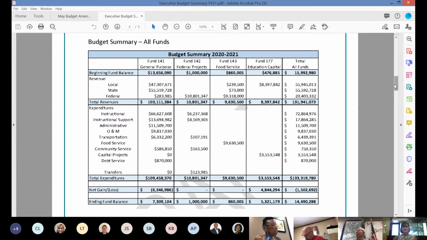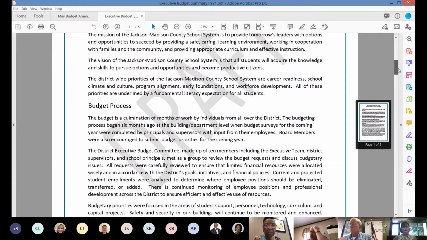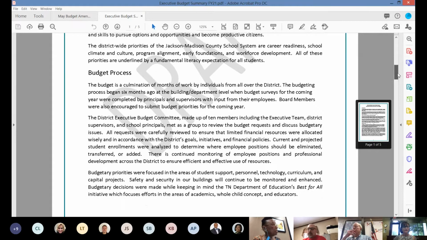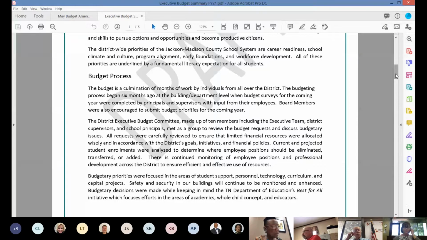I guess just to say a few words before we get started, we've been working through this budget process for several months now with input from our district staff as well as the principals, and input from the school board as well. So we've pulled all of those requests together, reviewed all of those, made decisions based on those requests, and we have those put into these budget documents.